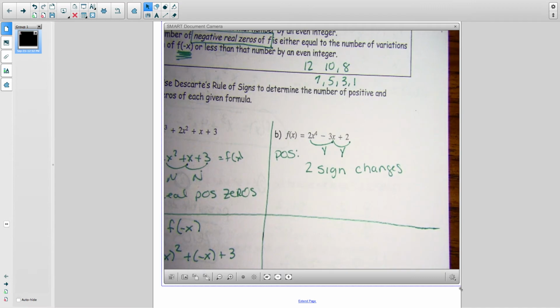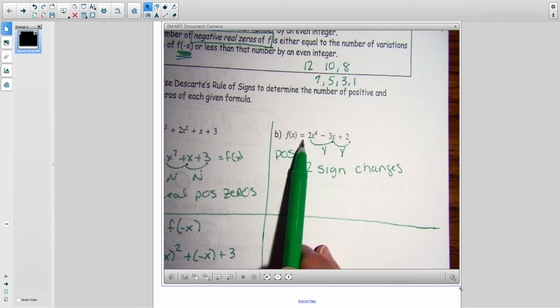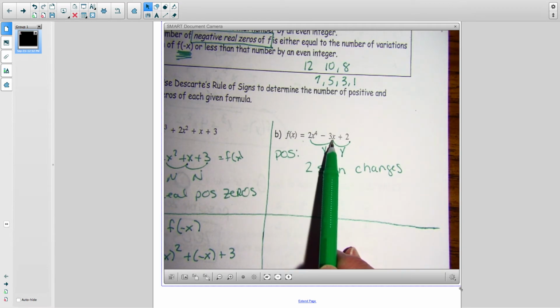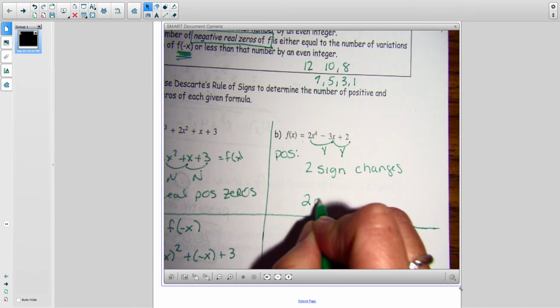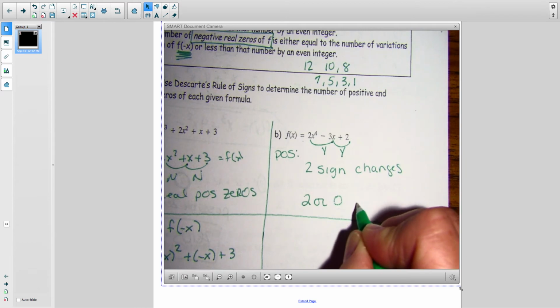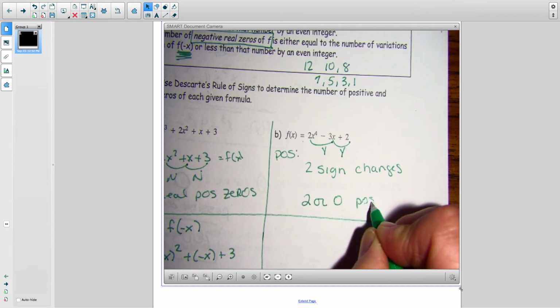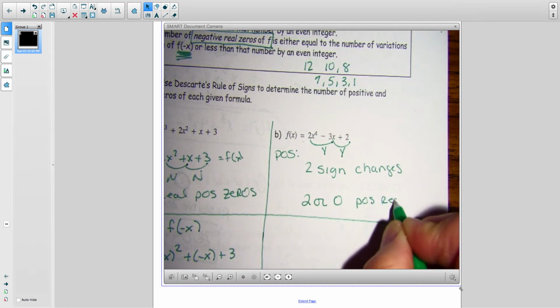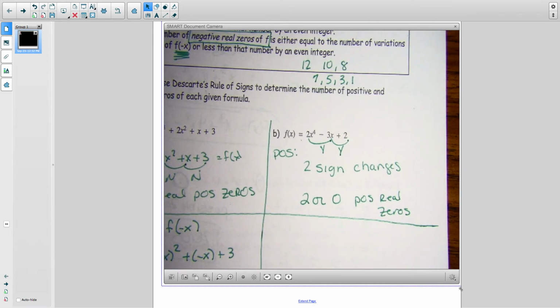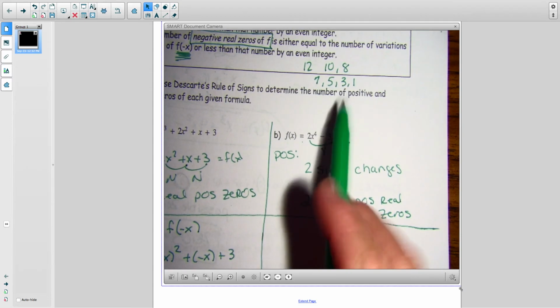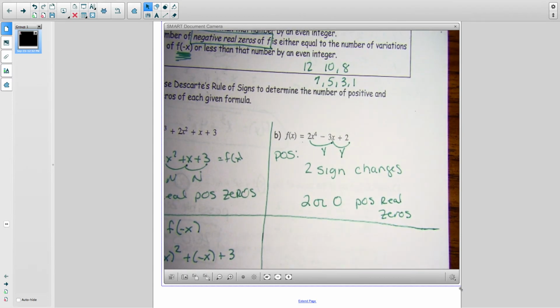How does it change? Well, this one's positive, and this one's negative. So we have 2 or 0 positive real zeros. If that was 4, it'd be 4 or 2. How do you know the or? It goes down by an even number, so I just subtract 2.